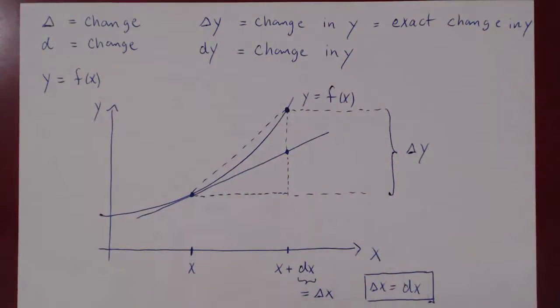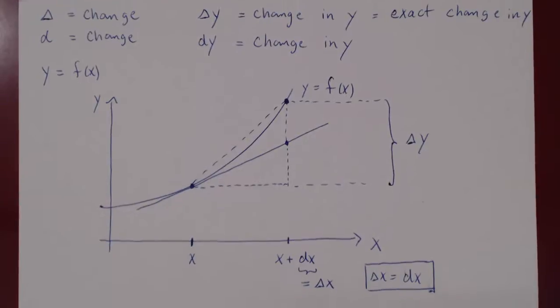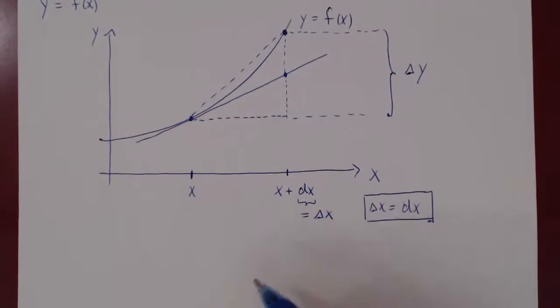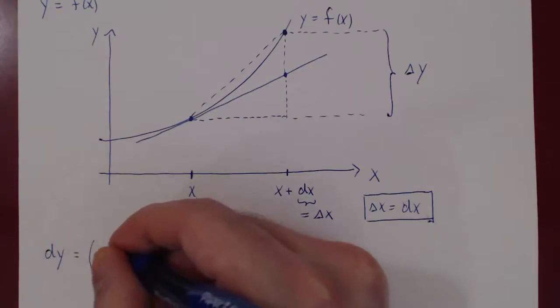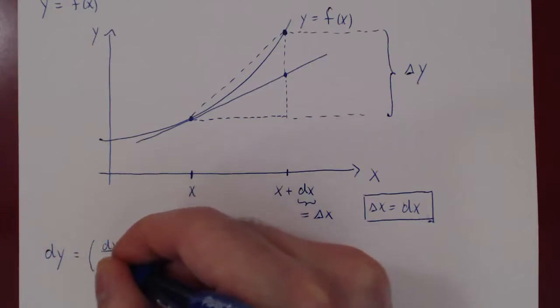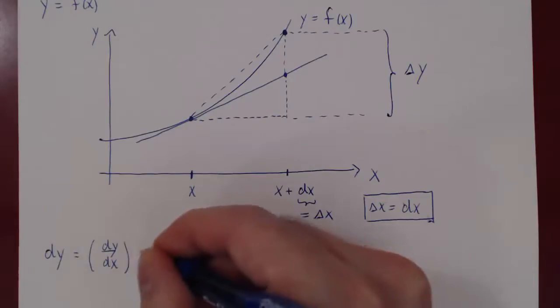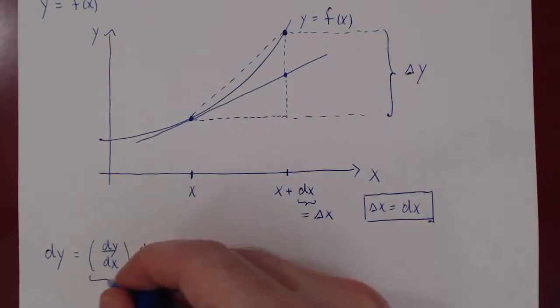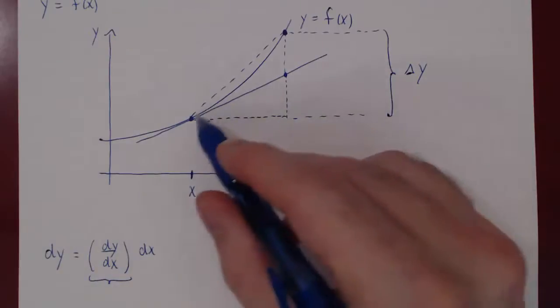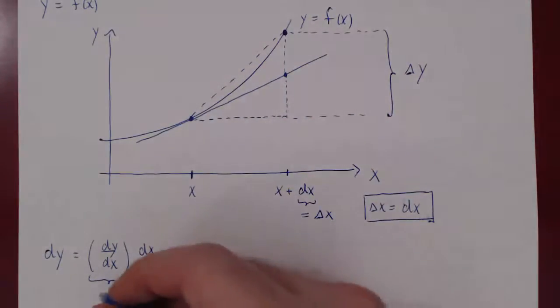Well, let's look at how we computed dy. By definition of the differential, dy was the derivative of the function at x times the change in x. But recall that the derivative of the function is simply the slope of the tangent line.